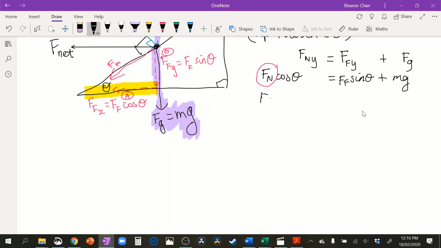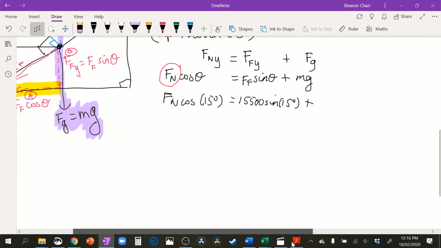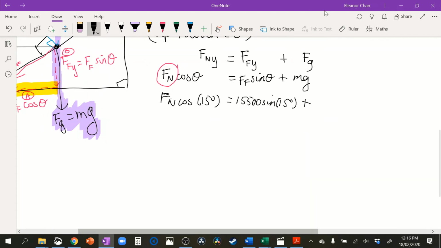We have Fn cosine 15 degrees is equal to 15,500 times sine 15 degrees plus, I'm going to scroll to the right because I want more room, our mass of our car is 1,300 kilograms times 9.8 meters per second squared.